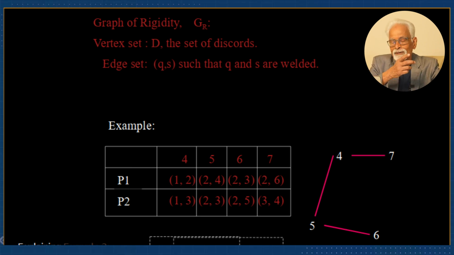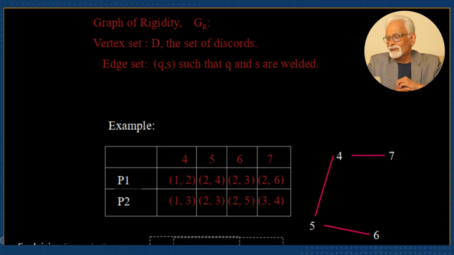So we get only 1, 4 and 2, 4 and not 3, 4. So it is not flexible at this point. So 7 and 4 are welded because there is something preventing it from being flexible, and that is 7 and 4 are welded.